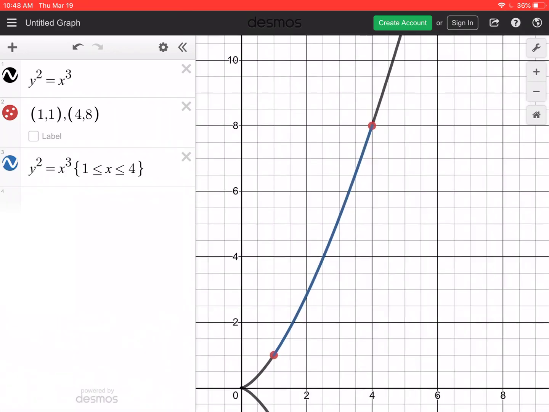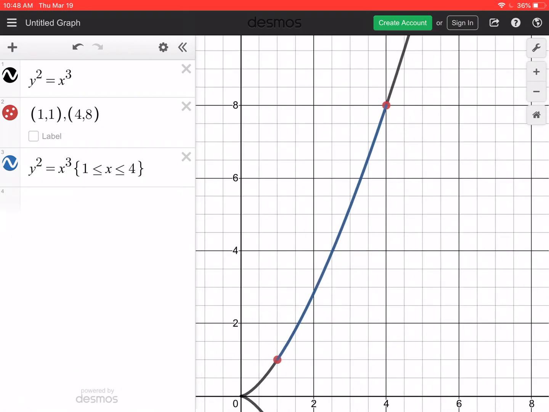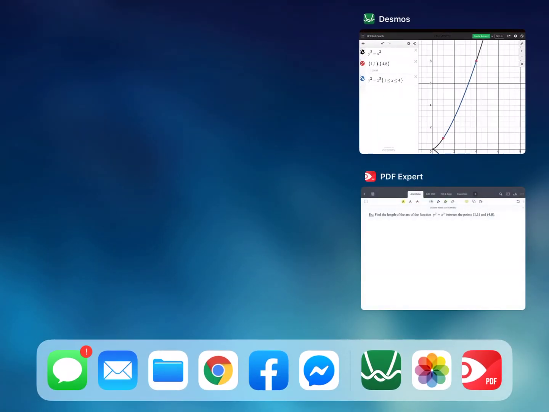Then you can see this is the portion of the graph that we're looking at. We're trying to find the length of this curve.